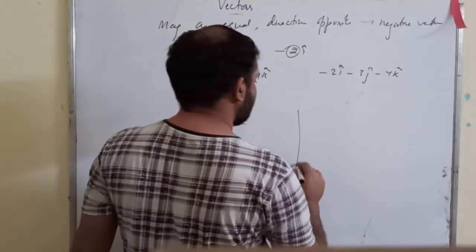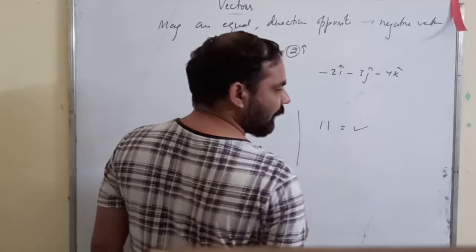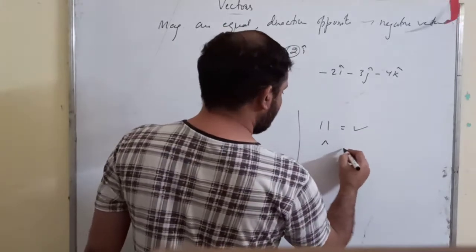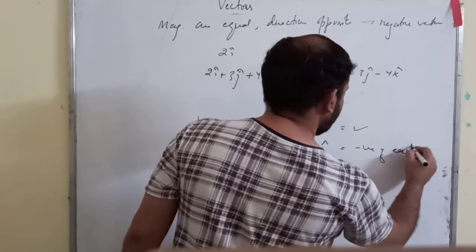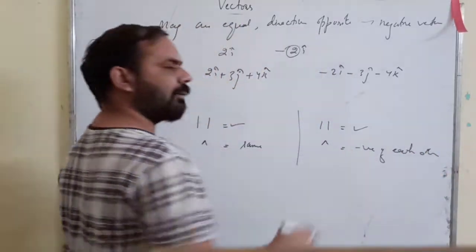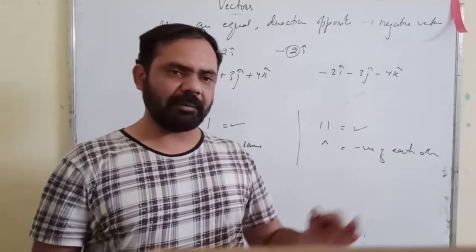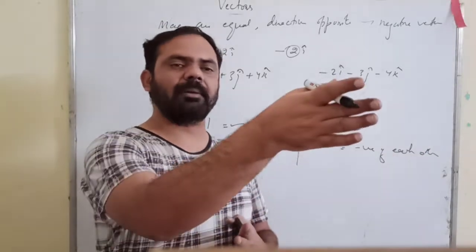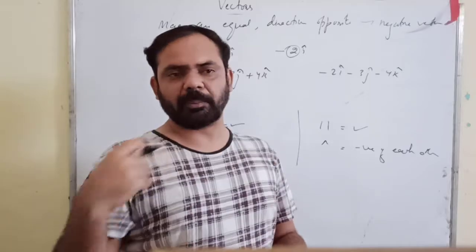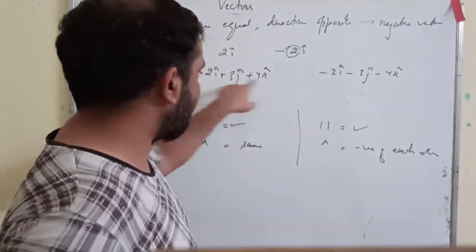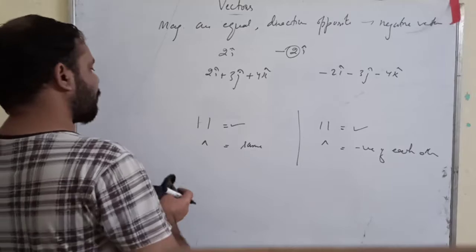Here what you have to see is the magnitudes must be equal, but the unit vectors are negative of each other. Negative of each other means if one vector has some particular direction as a unit vector, then the other vector will have just the opposite of it. I will show you in this example how to find out.